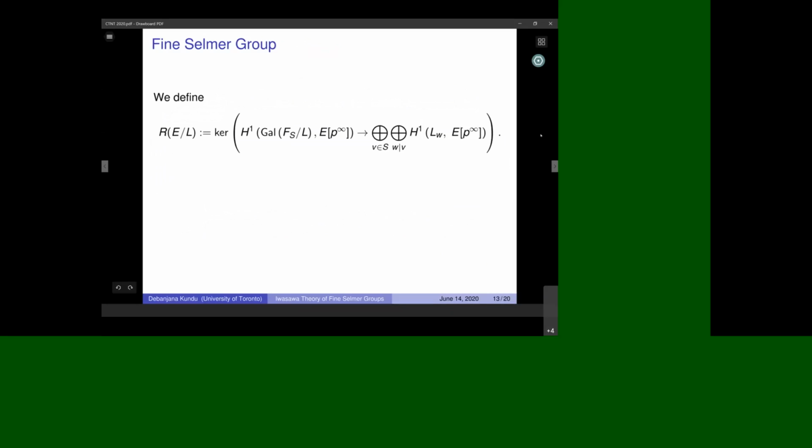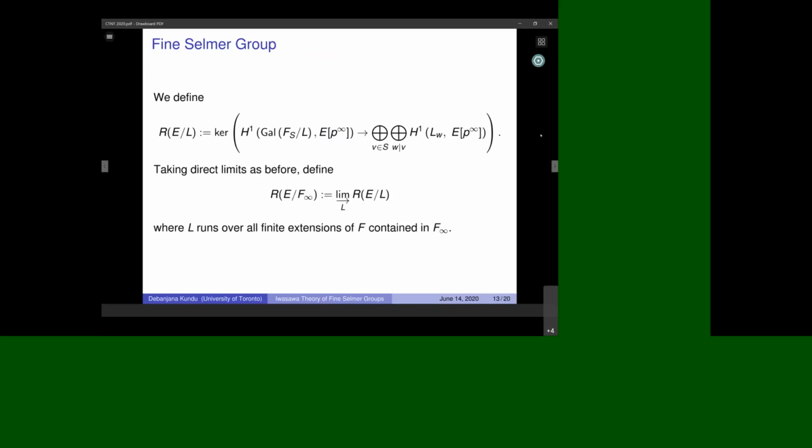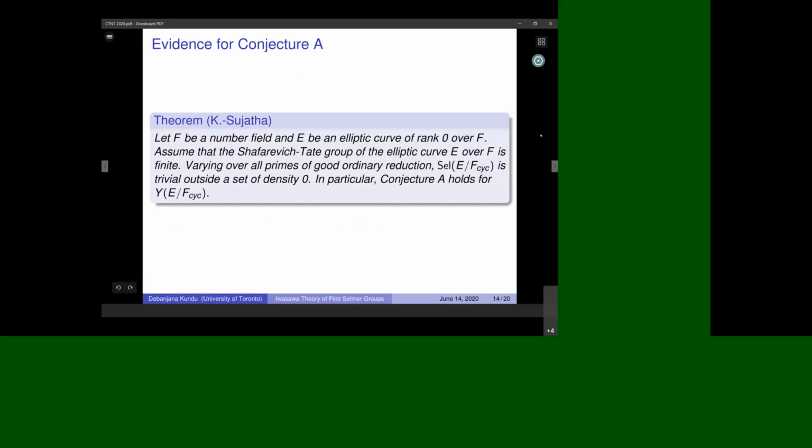And the fine Selmer group, as I said, again, I'm not going to go into the technical definitions, is just a subgroup of the Selmer group. And once again, we will be looking at direct limits, so we will be looking at fine Selmer groups over the Z_p extensions or other pro-p p-adic extensions.